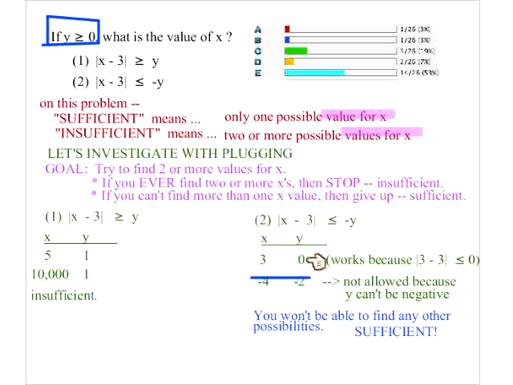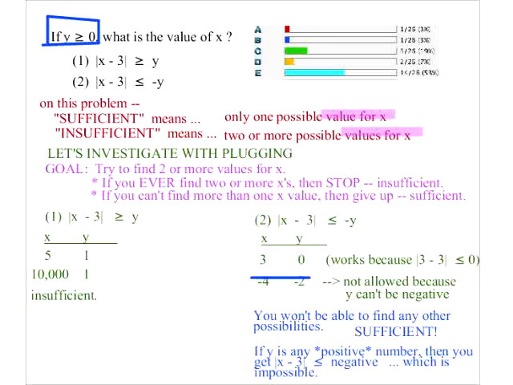Because if y is anything other than 0, any positive number, because y can't be negative, then you get absolute x minus 3 has to be less than or equal to a negative, which is not possible.